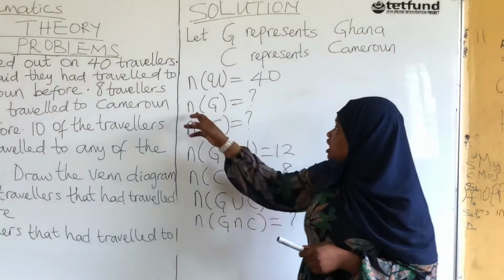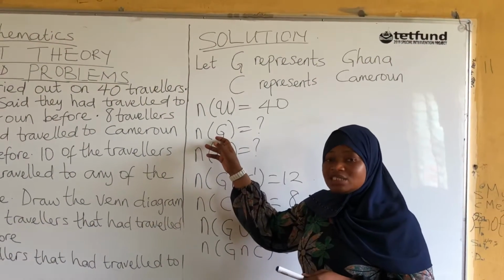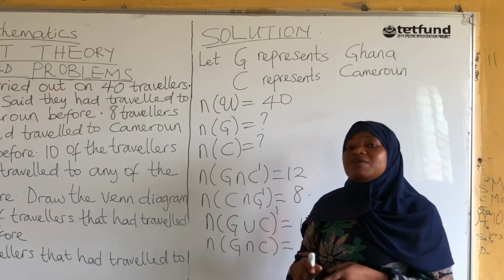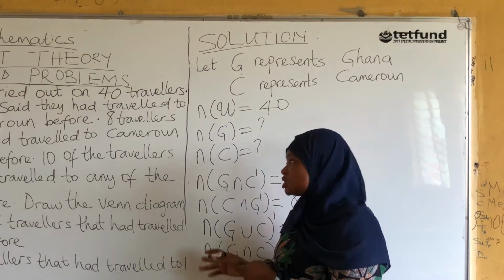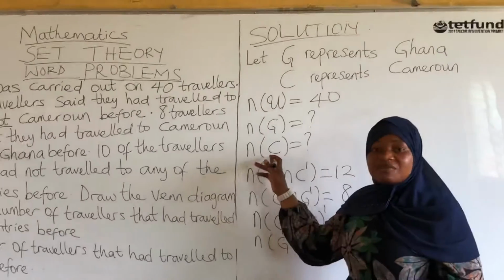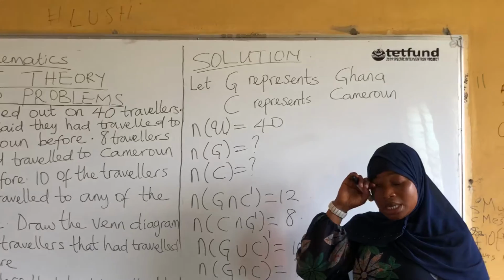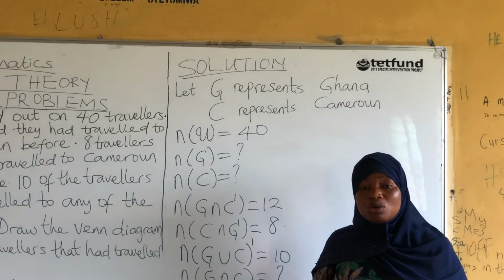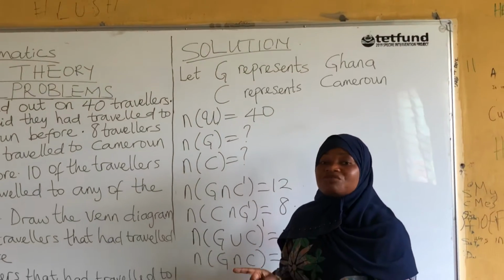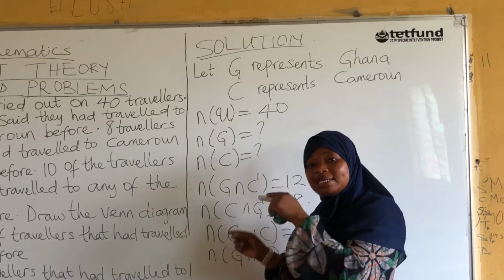We do not know those that have traveled to Ghana, that is those that have traveled to Ghana only, plus those that have traveled to both countries. We were not given those that have traveled to Cameroon. Those that have traveled to Cameroon will be those that have traveled to Cameroon only, plus those that have traveled to Cameroon and Ghana.